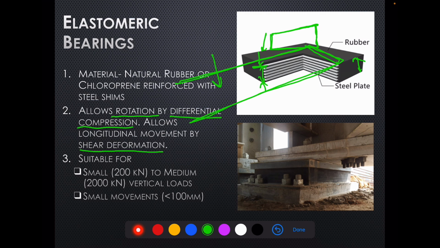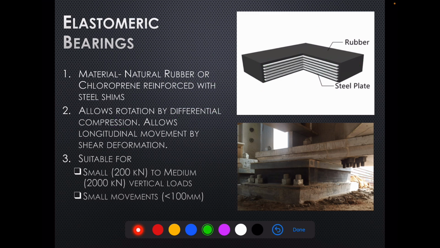So the rotation is managed by differential compression. Similarly, the longitudinal movement is achieved by a shear deformation. So suppose this is the girder resting over this bearing pad, and it moves along this direction.